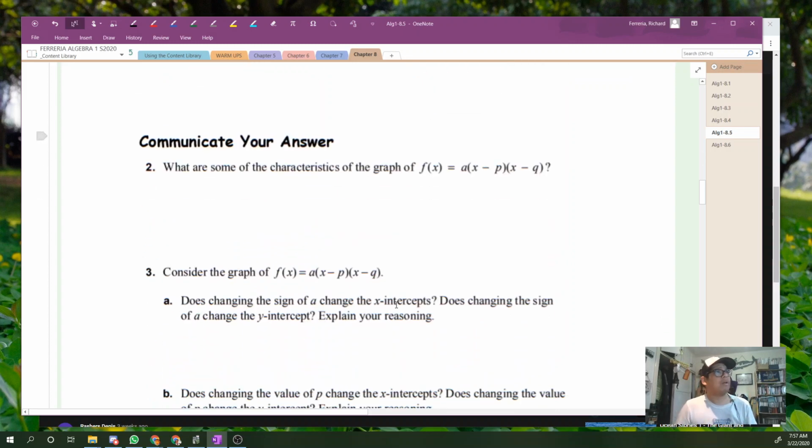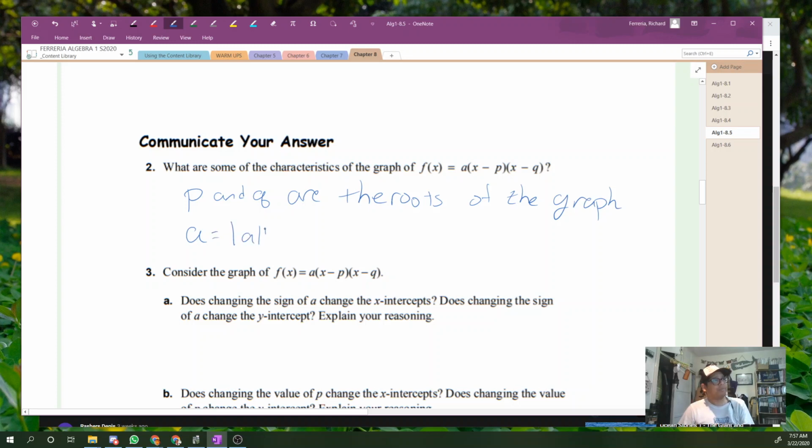I think we figured out some characteristics of x minus p and x minus q. Well, p and q are the roots of the graph. And a, just like before, a is lattice points.